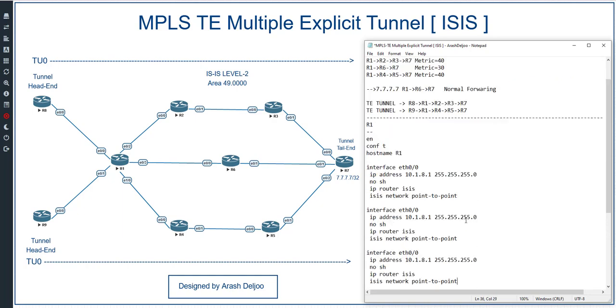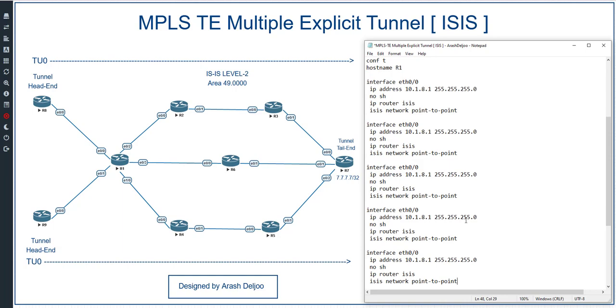This is the second, third, fourth, and fifth. Okay, we have interface ETH0/1, ETH0/2, ETH0/3, and also ETH1/0. Now about the IP addressing, ETH0/1's IP address is 10.1.91.1/24, and the other configuration is the same. About interface ETH0/2, we have the IP address 10.1.21.1, and the other configuration is the same.